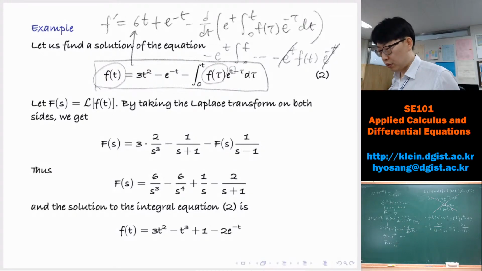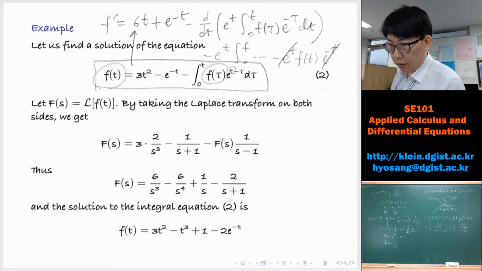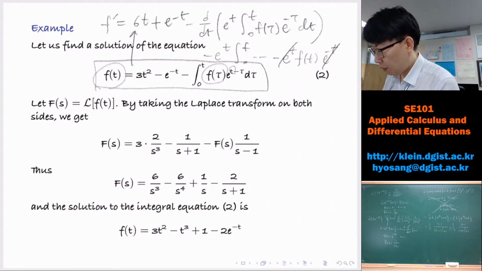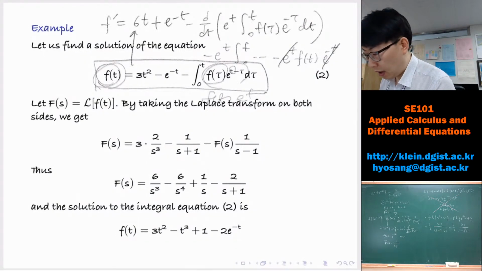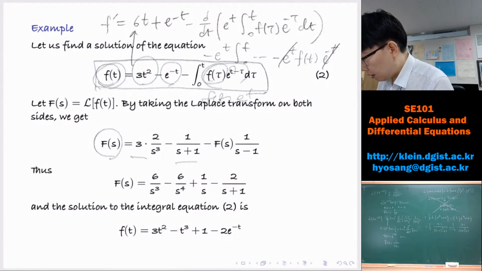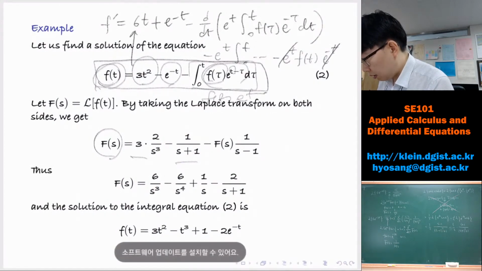So what we have to do is use the Laplace transform, and this is already given by the convolution of f of t and e to the t. So use the formula as follows. You have the Laplace transform of small f as large F, and then the Laplace transform of the power function and exponential function as this. And this convolution becomes the product of two Laplace transforms.